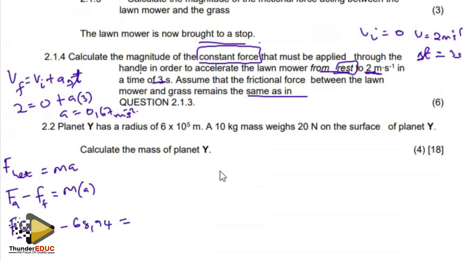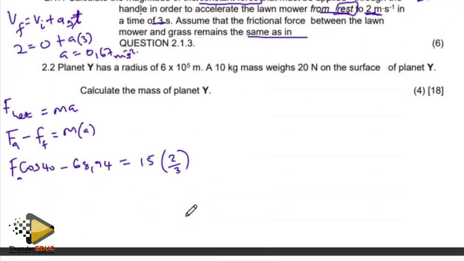This should be equal to 15 multiplied by 2/3, let me use 2/3 straight away to avoid the decimals. So F cos of 40 is equal to 10, because 15 divided by 3 is 5, times 2 is 10. When I add that, I'm going to have 78.94.